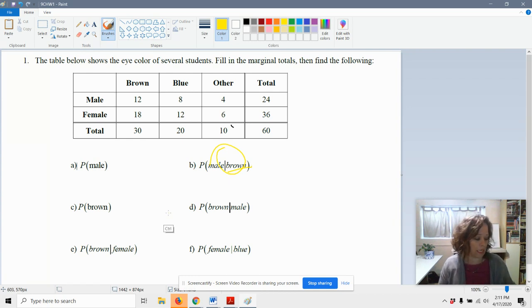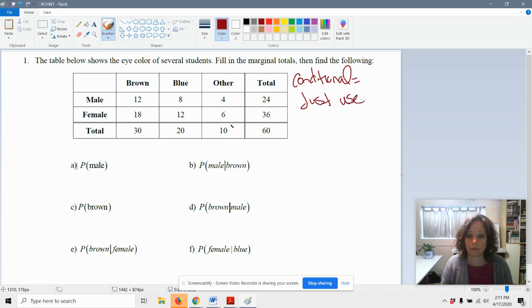That's what conditional probability is, we're just going to use one category. Okay, so on part A, it's regular probability.